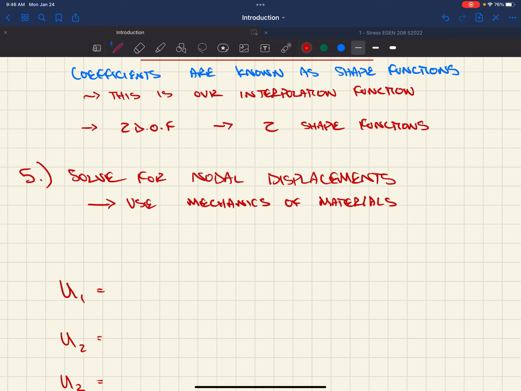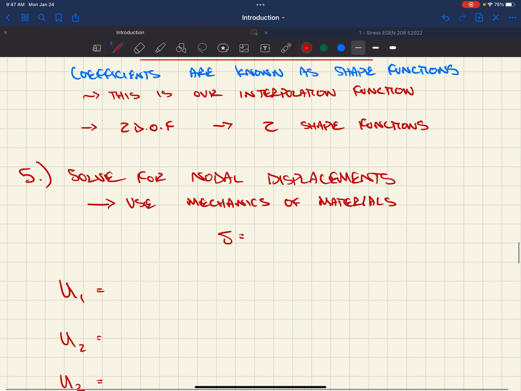So in our case here, because it's very, very simplified, when we calculate our nodal values, we're just going to use the mechanics of materials method, okay? There's other methods to do that, and we'll go through some of those later. This is very simplified. So displacement is PL over AE.